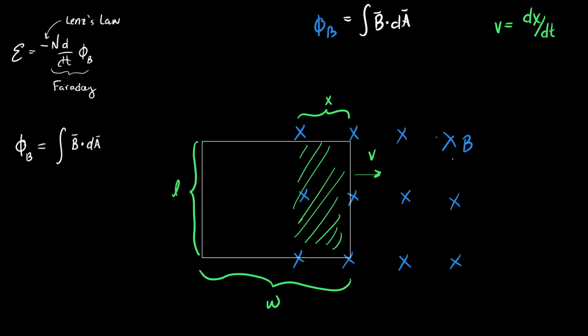So all that leaves for me is to sum up the area that is being exposed to the magnetic field, which for this case, B times L times X. Right? The area exposed to the magnetic field is the length of the leading edge of the wire and how much of that wire is inside the magnetic field. Now I know X is changing, but we have frozen a particular instant. Does that make sense? Everybody okay with that?